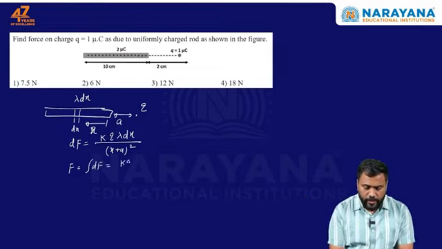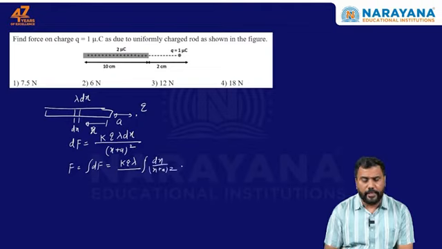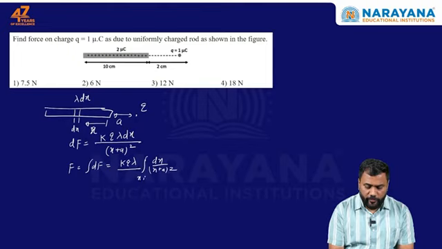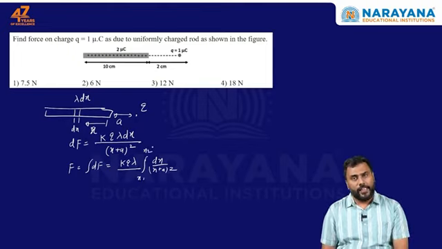So, the integration will be k q lambda, which will be common, and the integral of dx upon (x plus a) whole squared. The value of x is changing from an initial value x1 to a final value x2.